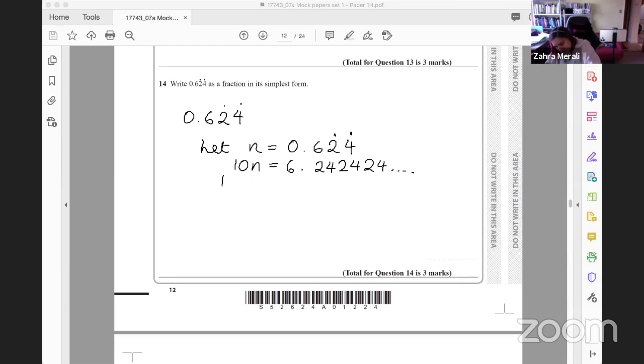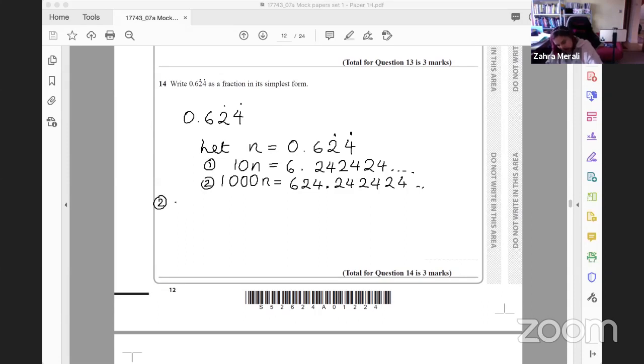So if we were to multiply it by another 10, we're not going to be able to do that because we're not going to be able to cancel it out. So I'm going to multiply that twice. So if I multiply that by 10 and another one, I'm going to get 624.242424. And I can see that after the decimal place, it's the same. So now I've called that 1 and 2, for example.